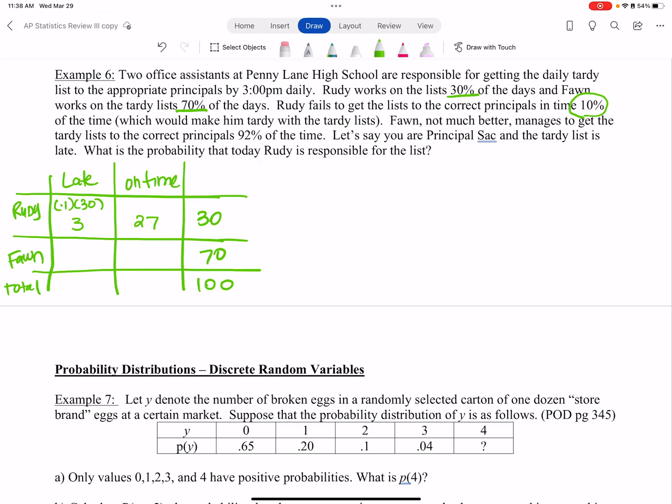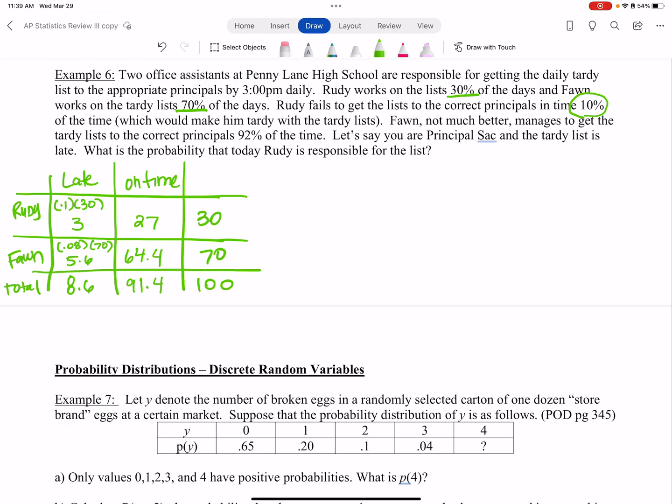And then it says Fawn much better manages to get it 92% of the time, so 8% of the time she's late, so 0.08 times 70, which is going to be 5.6, and then that's going to be 64.4. And then you just add everything up from here, and you have your probabilities ready to go. So this is going to be obviously 8.6, and this is going to be 91.4, if I did everything correctly.